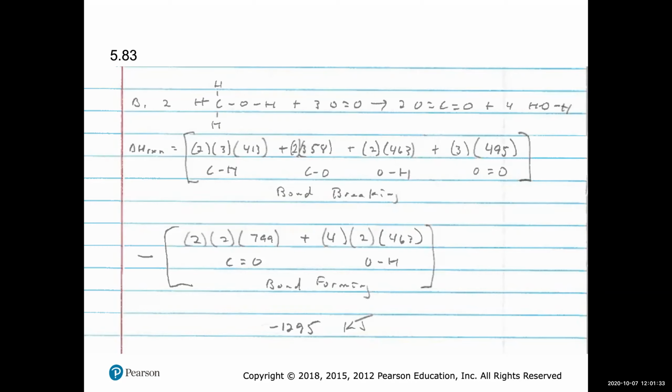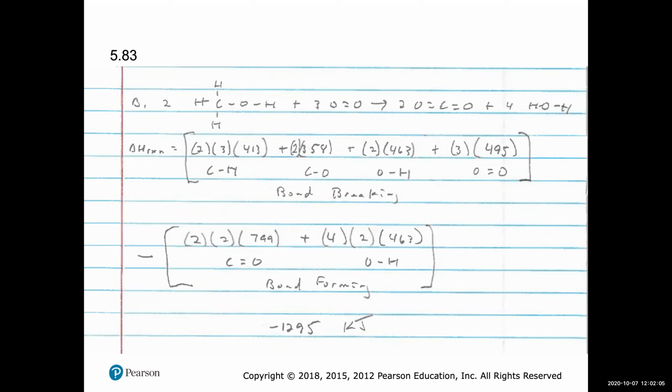The first molecule, C double bonded to O, there's 2 of those. And so we have 2 moles also. So the coefficient is 2 from the 2 moles. Then we have times 2 because there's 2 of those types of bonds. And then 799 is the bond energy for C double bond O. Then the next molecule, water, there's 2 OH bonds there, and there's 4 water molecules, 4 moles of water.